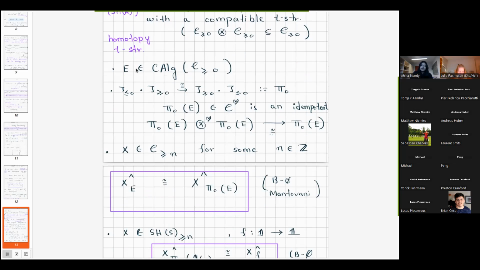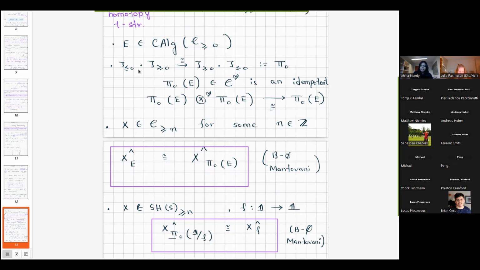Let's start with some connective commutative ring spectrum, some E of this form, and we have this pi 0, which is just the zero truncation with respect to the t-structure.